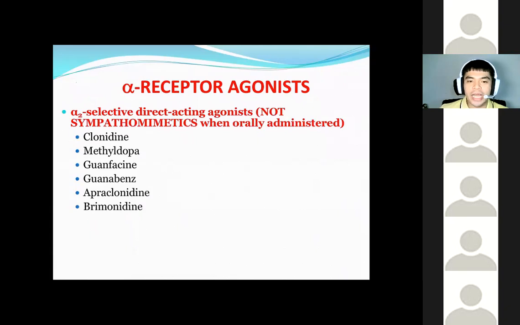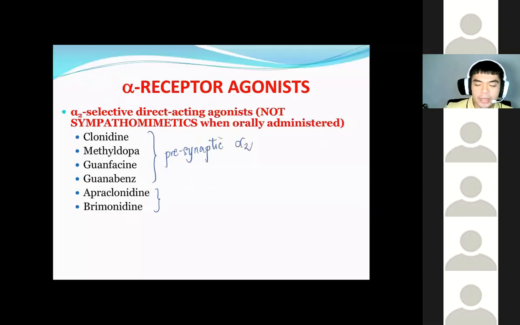So when we talk of selective alpha-2 agonists, these are clonidine, methyl-dopa, guanfacine, guanabens, apraclonidine, and brimonidine. The major difference ng mga gamot na naka-bracket is that for the first group, clonidine until guanabens, they target the presynaptic alpha-2 receptors.